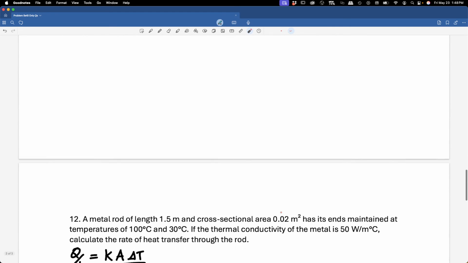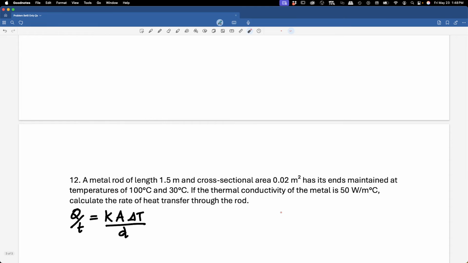12. This is conduction of heat. So here we're talking about heat being transferred from one end of a metal rod to the other end. It's like if you heat one end of the rod, after some time, the other end will also become hot, wouldn't it?